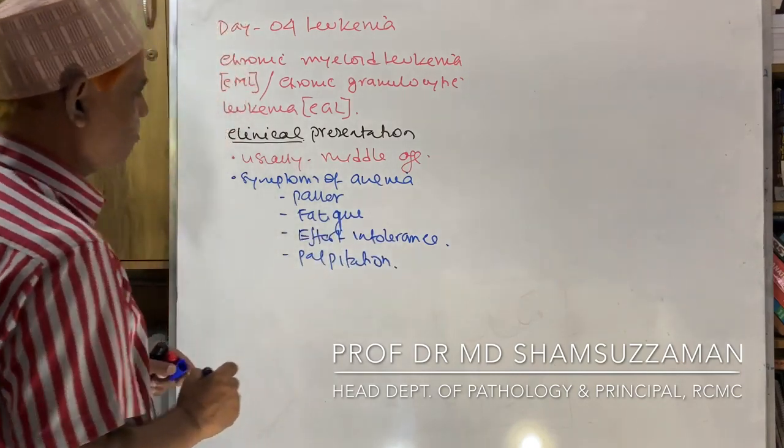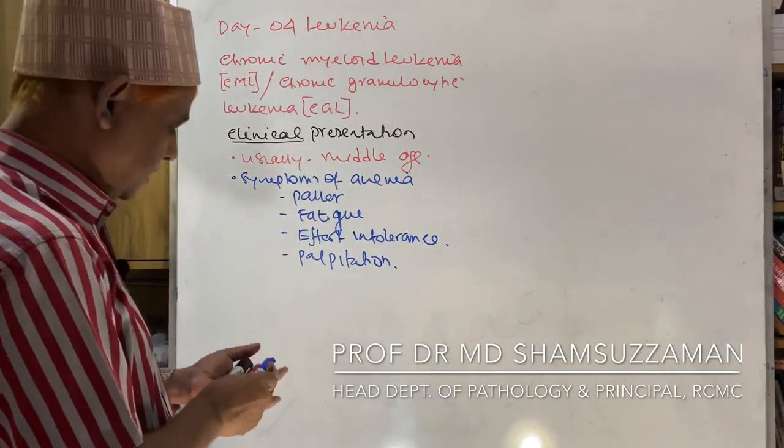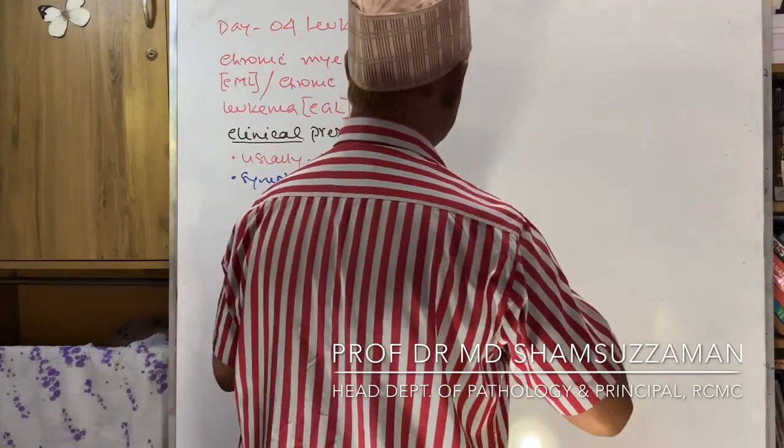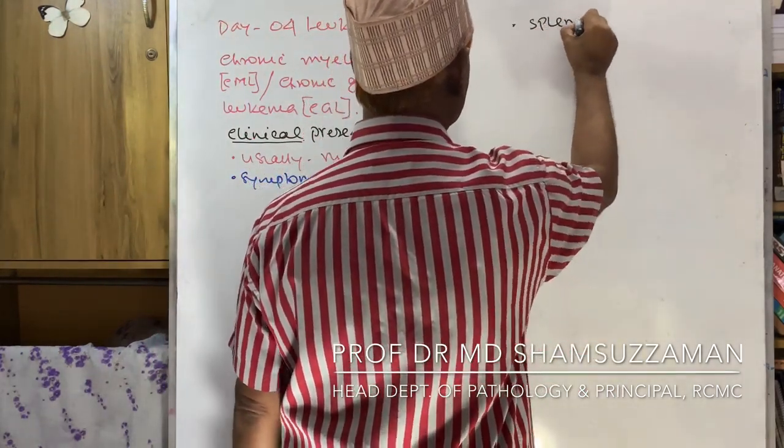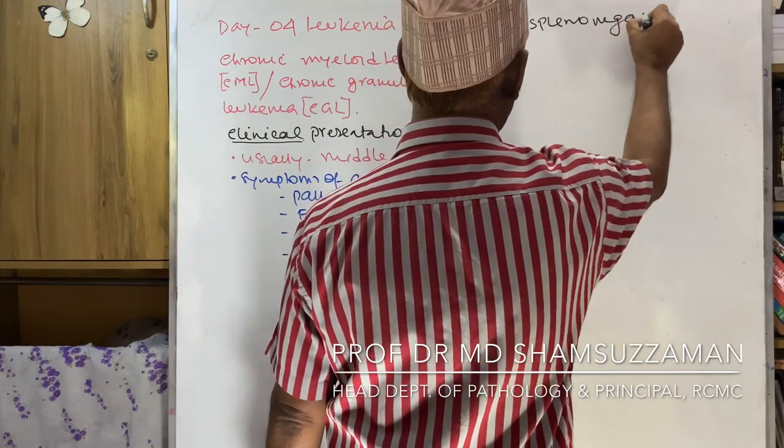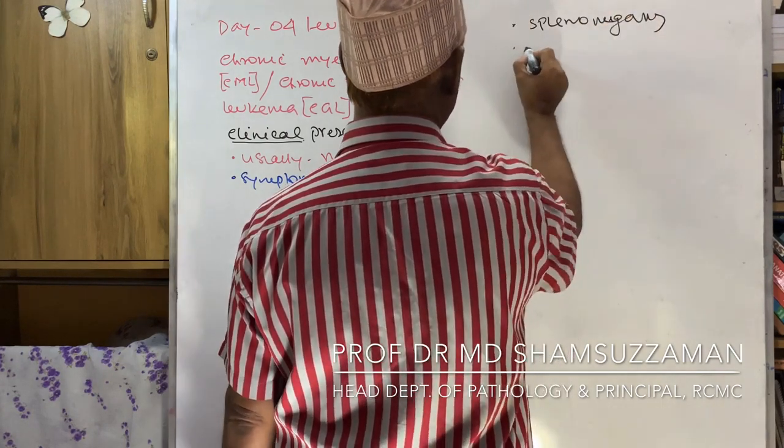Briefly, these are the symptoms of anemia. Besides this, there is splenomegaly, hepatomegaly.